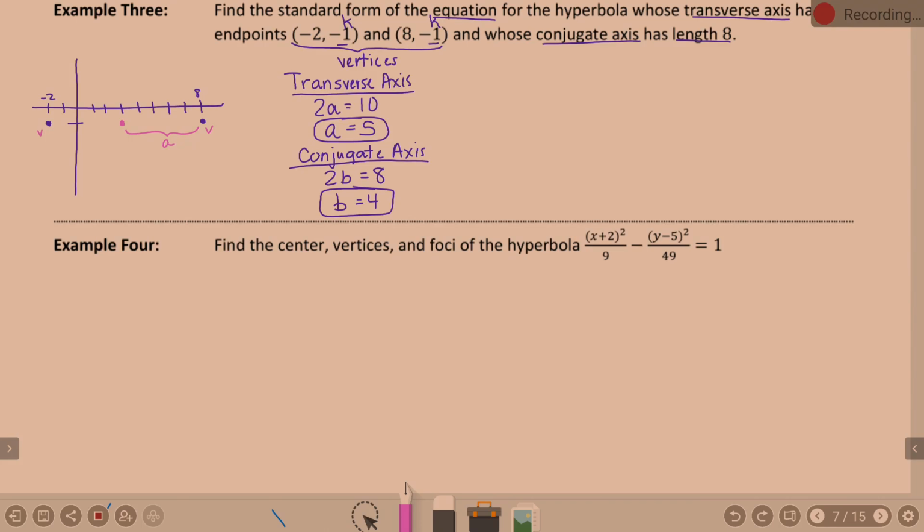So what is that point that we just found? You have a center at 3 in the middle, and it's still going to be on a level of -1, so 3, -1. And that means 3 and -1 are my H and K.